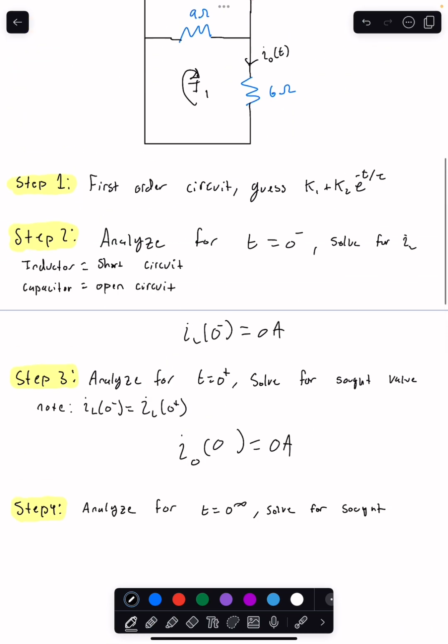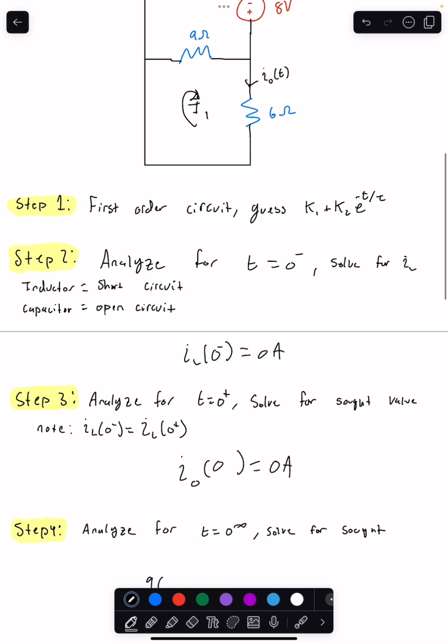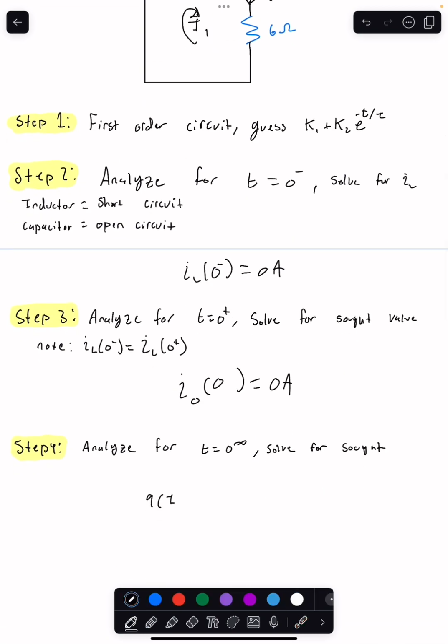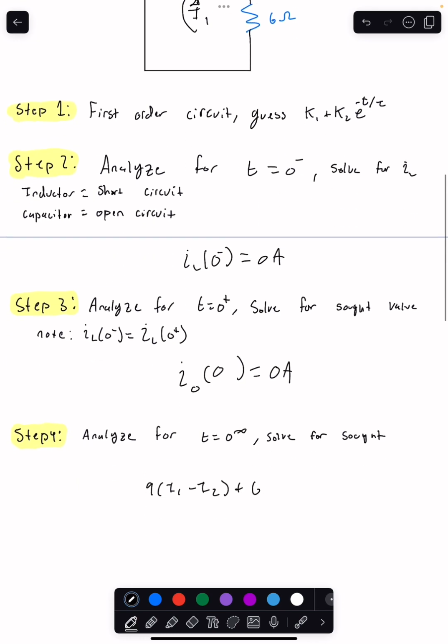So we know that for I1, we have 9I1 minus I2 plus 6I1 equals 0.